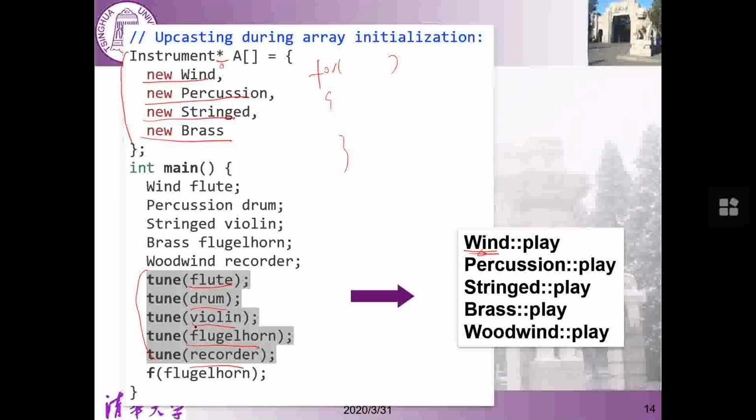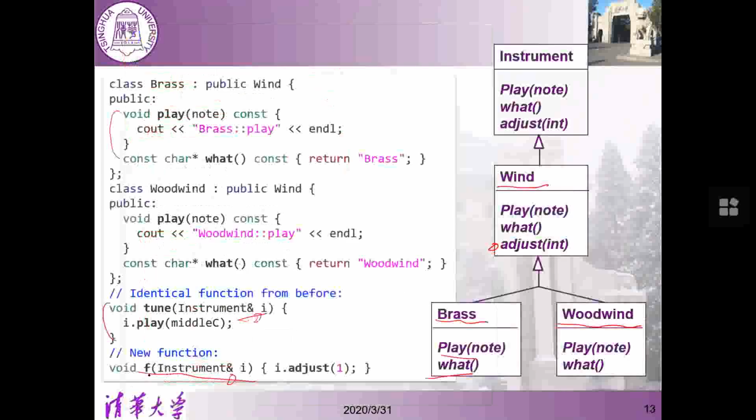However, this flute horn is a brass object, and this F function calls adjust. We just know that flute horn is a brass object and it calls adjust. Then if we try to find adjust here, in brass, we did not override adjust. We do not have that version.